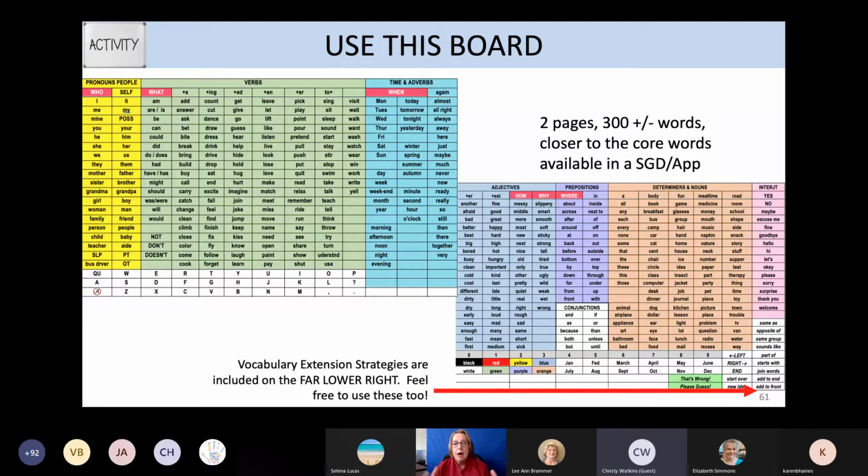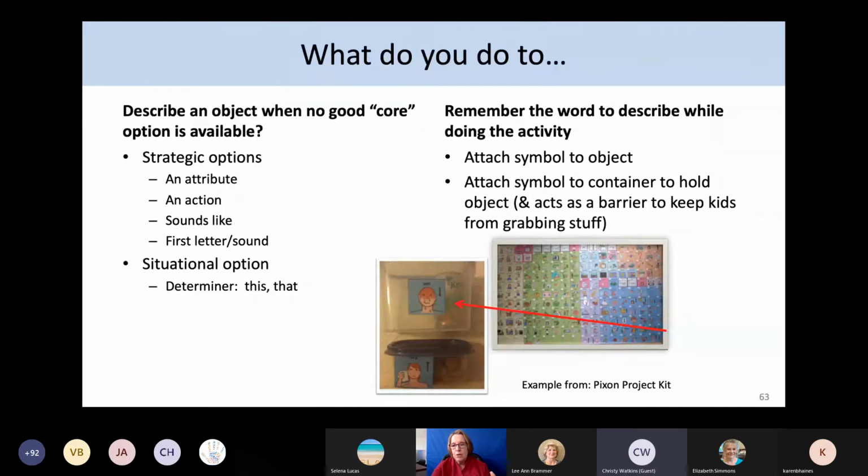But we created our boards, we tried to get at least to 50 words, but we kept a wall chart, which you see here on this slide, that had even additional words. So if I was in a classroom supporting kids that had somewhere between 20 and 50 words only on a simple manual core board, I still provided to that classroom a board with close to 200 words on, because I want to keep exposing them to new vocabulary and using those symbols.